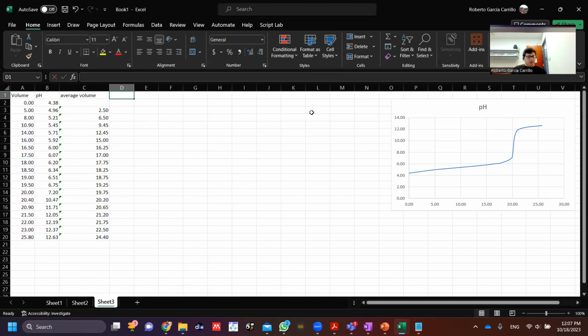Now we need to obtain the first derivative. Let's call this first derivative. The first derivative is nothing more than the slope at any particular volume and pH.